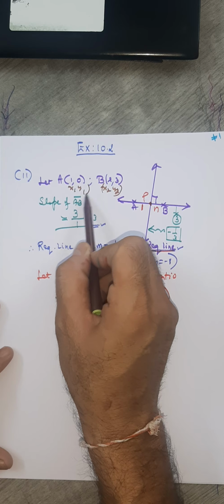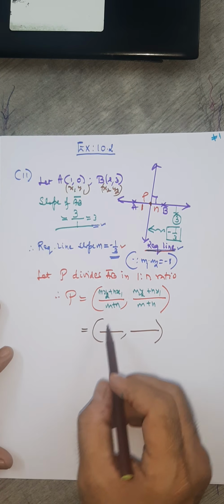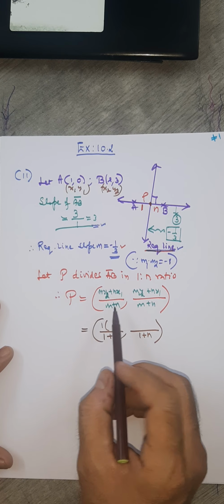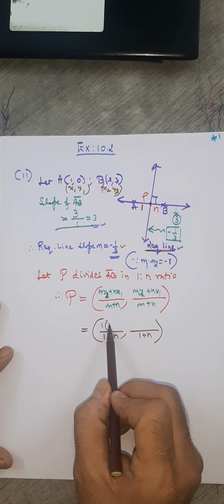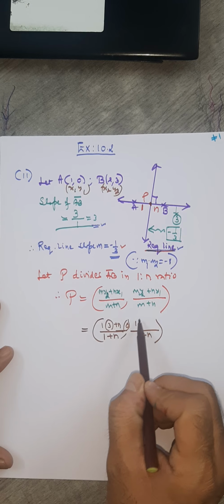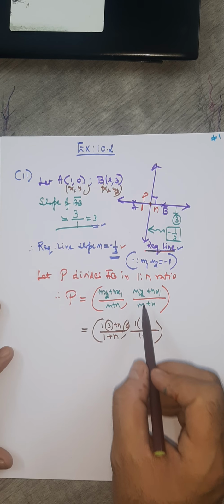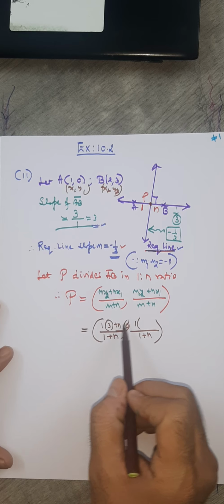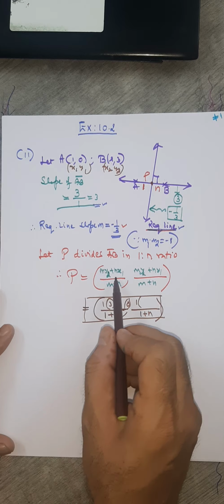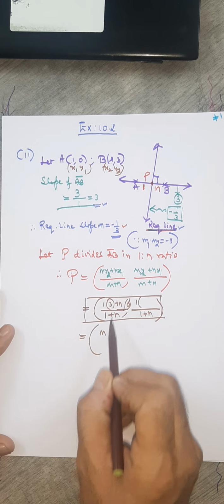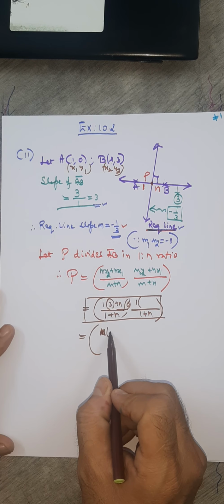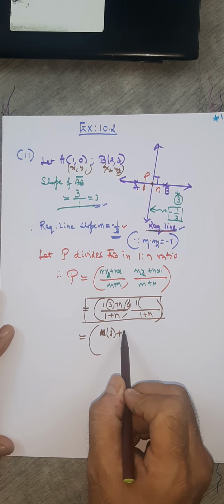So we use mx2. Here the ratio is 1:n, so the denominator is 1 plus n. What is x2? 2. m means 1, so 1 into 2, plus n into x1.